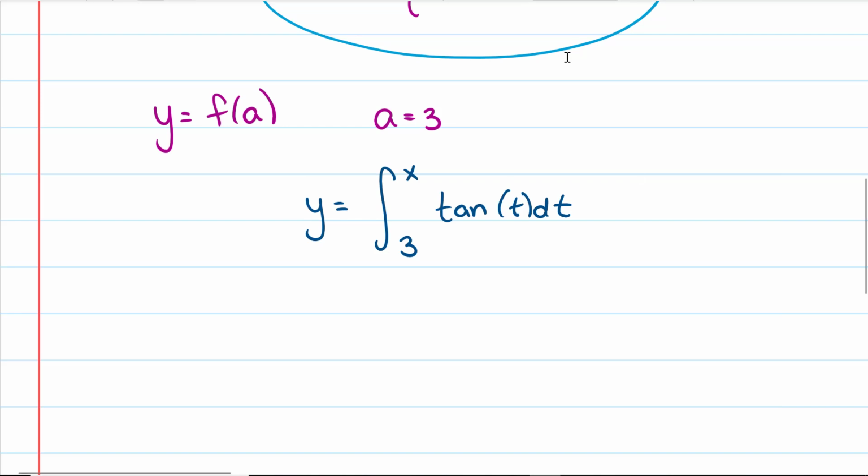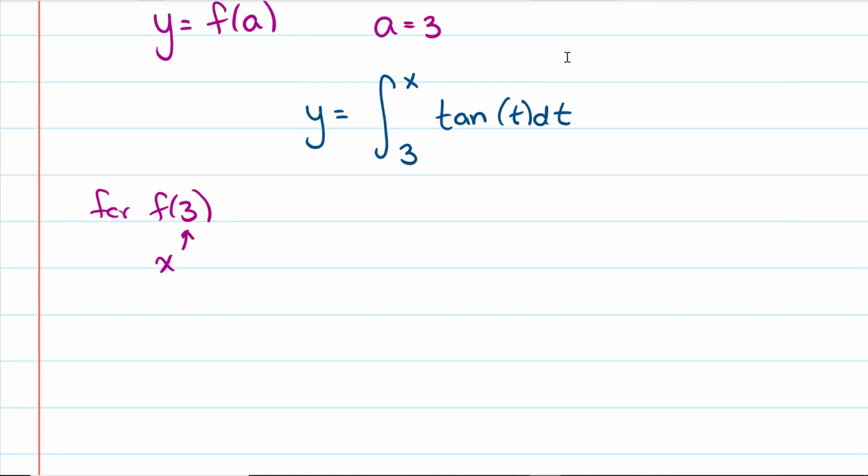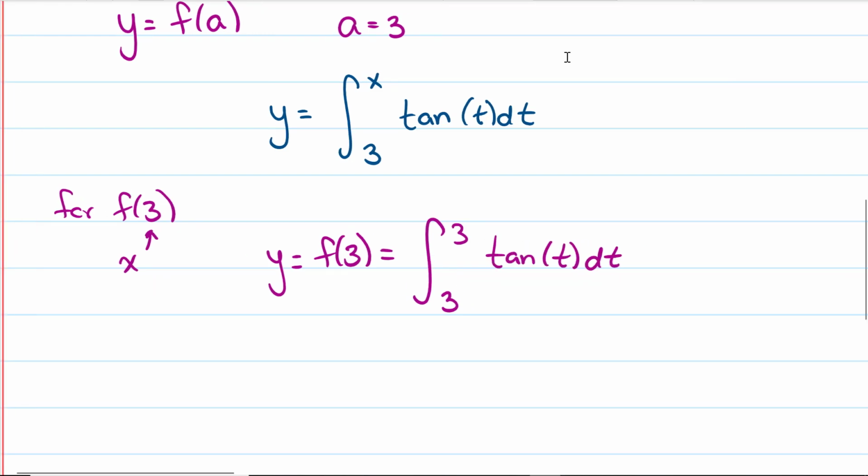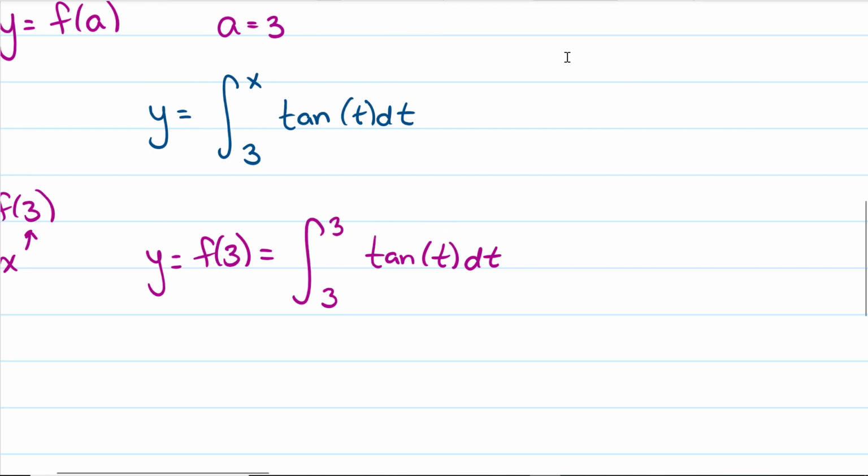So now we're going to use f of 3. So we get y equal to f of 3, which is equal to the integral from 3 to 3 of tangent of t dt. Remember from an integral property that if these values match, then the entire integral equals 0.